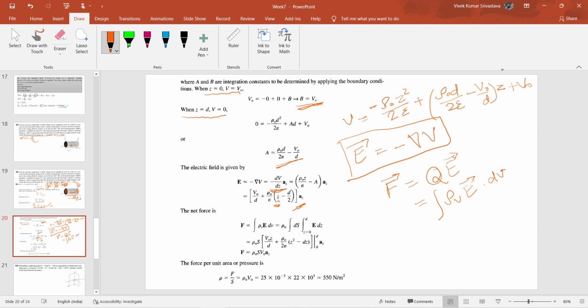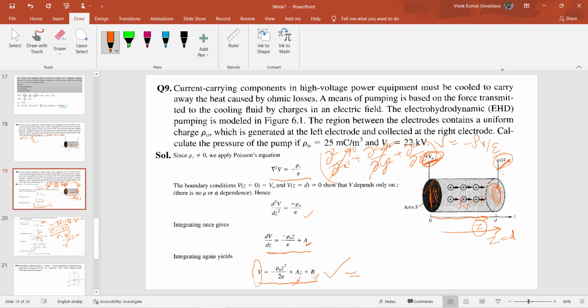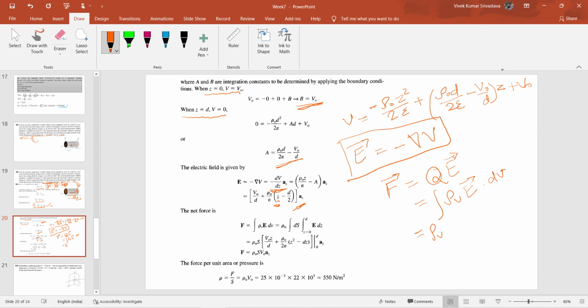Okay, so this can be represented as rho v, which is a constant here because it is given in the question, into ds, and this will be equal to E dot dz.